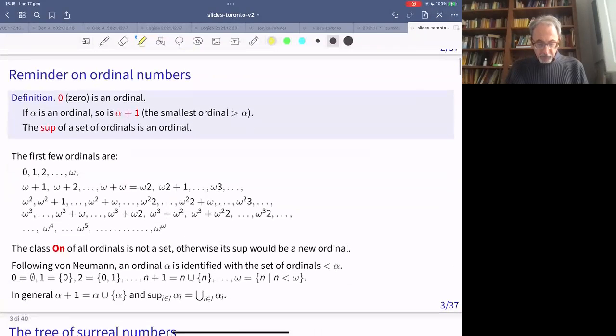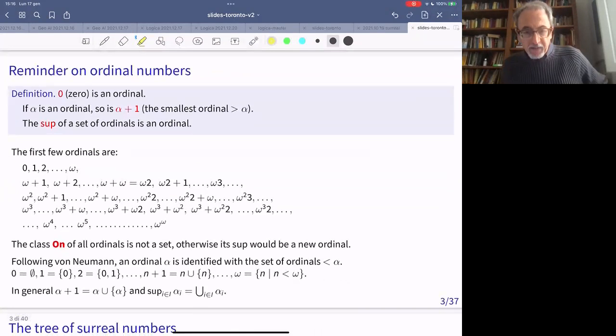Okay, so this is just a reminder on ordinal numbers. I assume that everybody knows ordinal numbers, but this is just what we need. 0 is an ordinal number. If alpha is an ordinal, alpha plus 1 is an ordinal, and is the smallest ordinal bigger than alpha. The sup of a set of ordinals is an ordinal. So for instance, you start with 0, then you have 1, 2, then up to omega, which is the sup of the previous ones.